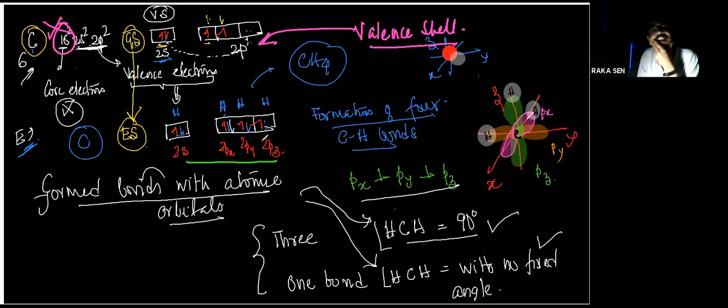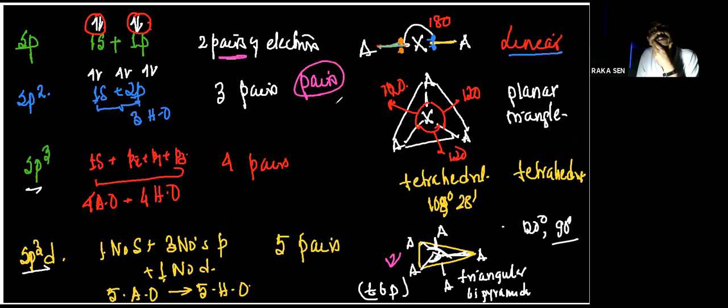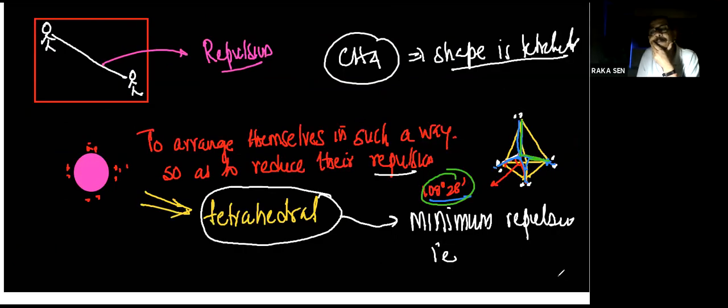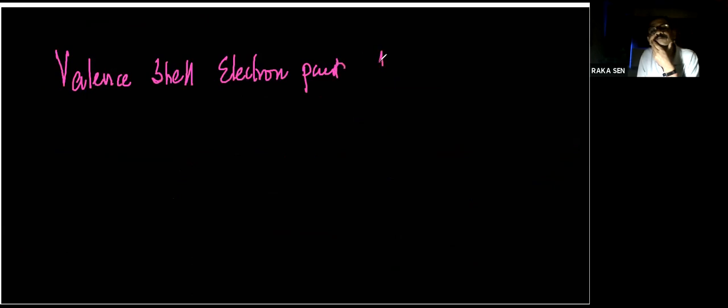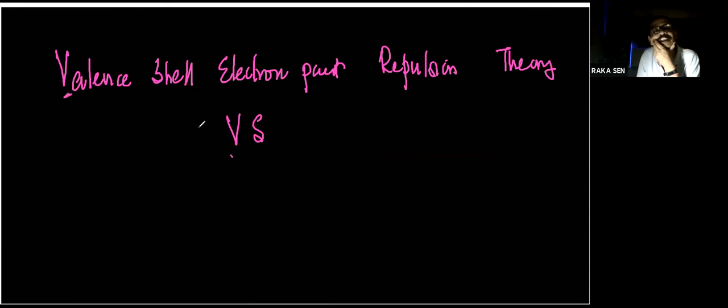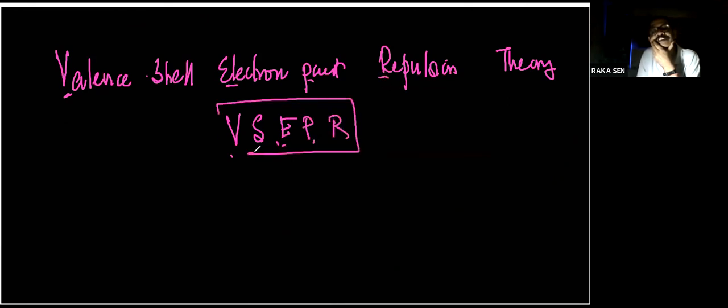So V for valence, S for shell, EP for electron pair repulsion. This is called VSEPR theory.